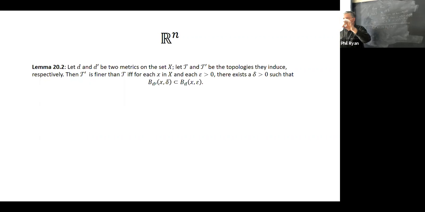Of course, you never know what basis element you're going to be given, but within that basis element there has to be a basis element like this. But then by the hypothesis, we can find a delta such that this is true. And so going back through 13.3, we conclude that T prime is finer than T.